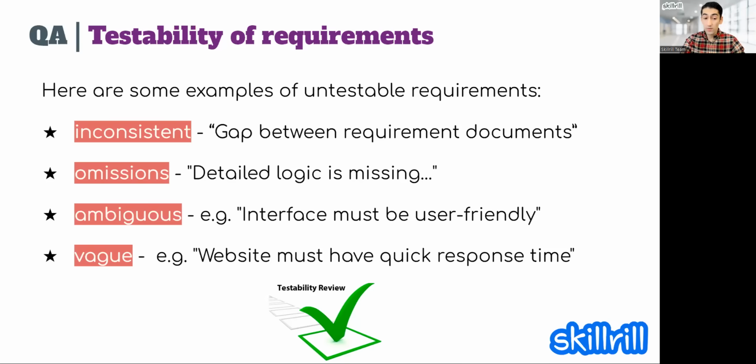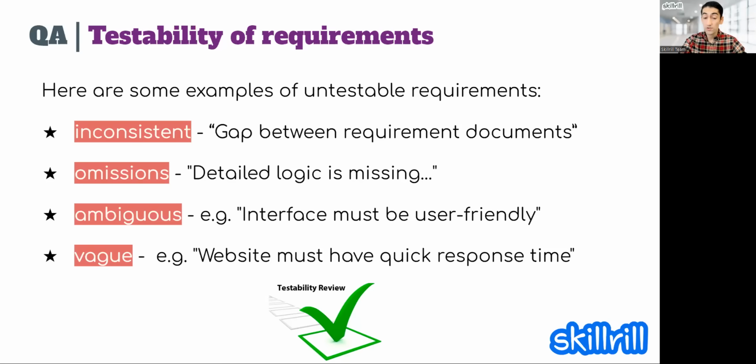So I'll give you one example. Interface must be user-friendly, for example, right? So you're going through the documentation and it says, oh, the graphical user interface should be user-friendly. Now, this is very ambiguous, right? User-friendly cannot be tested. User-friendly can maybe be tested by one person.